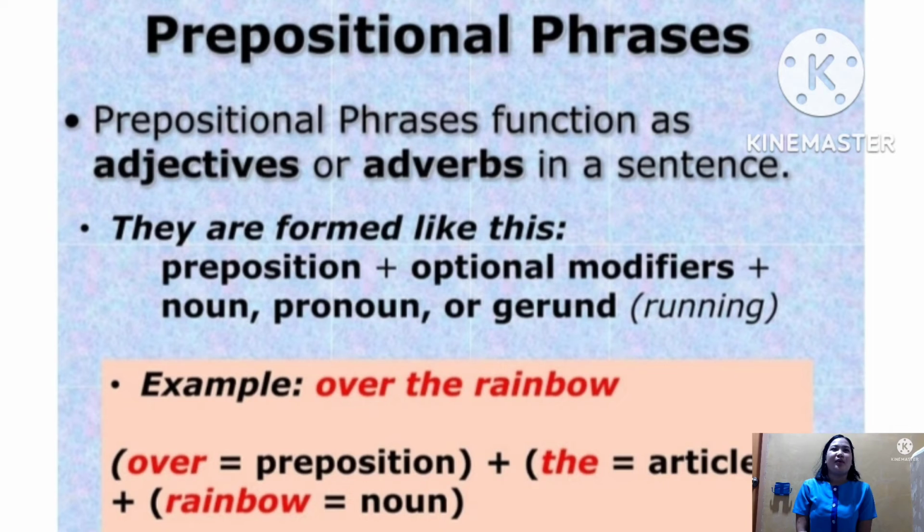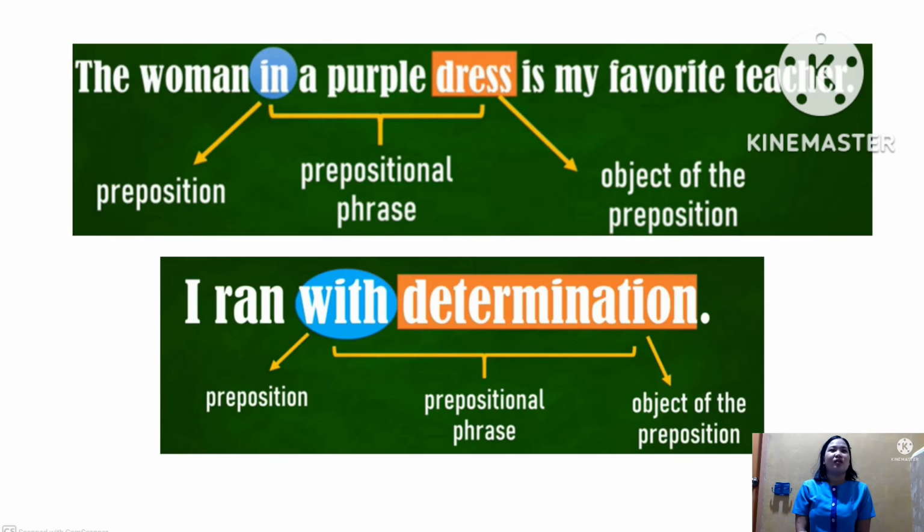And always remember that a prepositional phrase begins with a preposition and ends with the noun or pronoun being modified. Example, over the rainbow. Over is a preposition, the is an article, and rainbow is a noun.